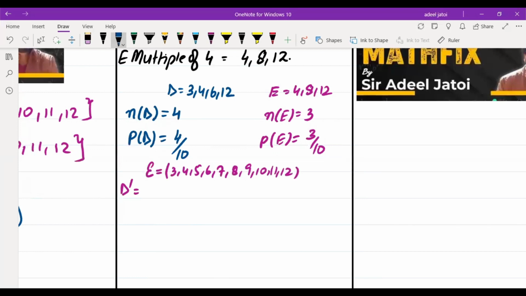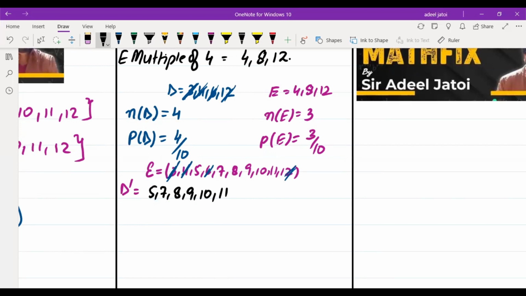Your D was 3, 4, 6, and 12, so let's cancel 3, cancel 4, cancel 6, and cancel 12. The other numbers that are left are 5, 7, 8, 9, 10, and 11. This will become your D complement.